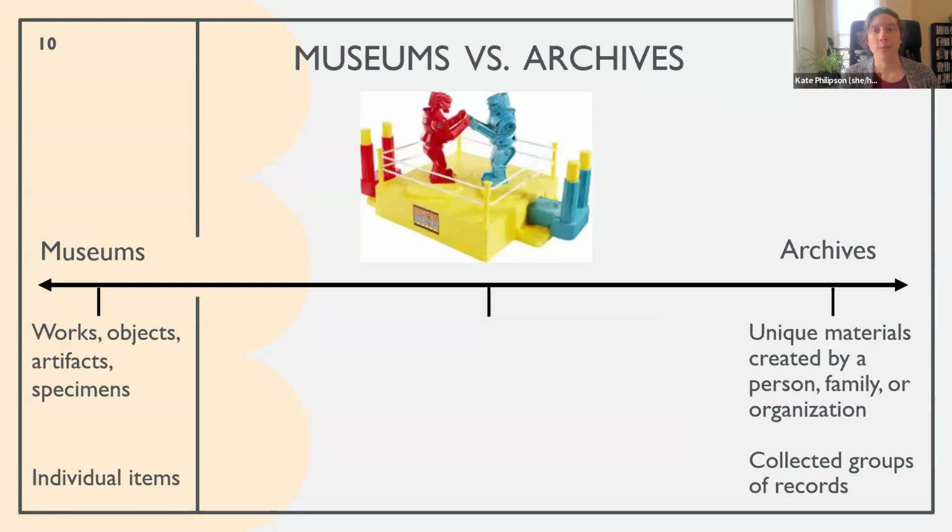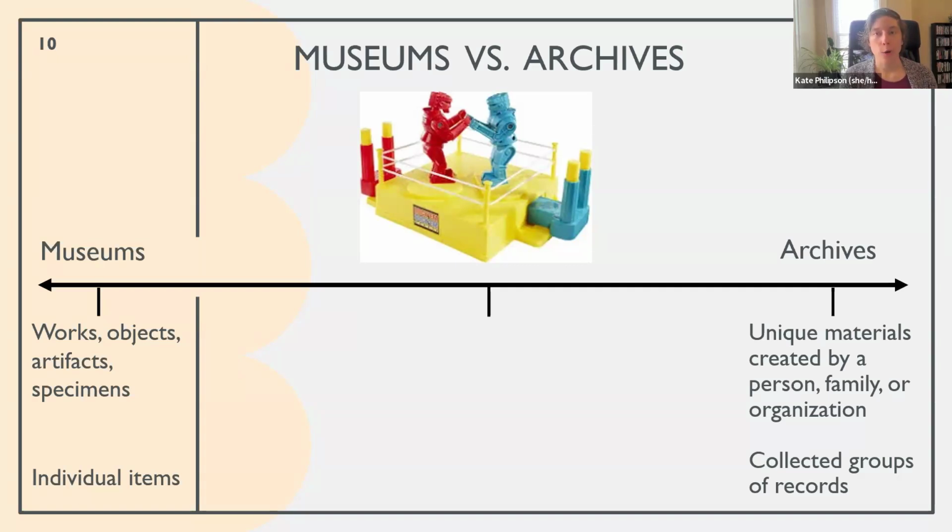But I think here it can be easy to see where we have to deviate already from thinking about museum collections, which really are focused on individual objects. The museum fundamentally operates by documenting and knowing and labeling and having information about every item.